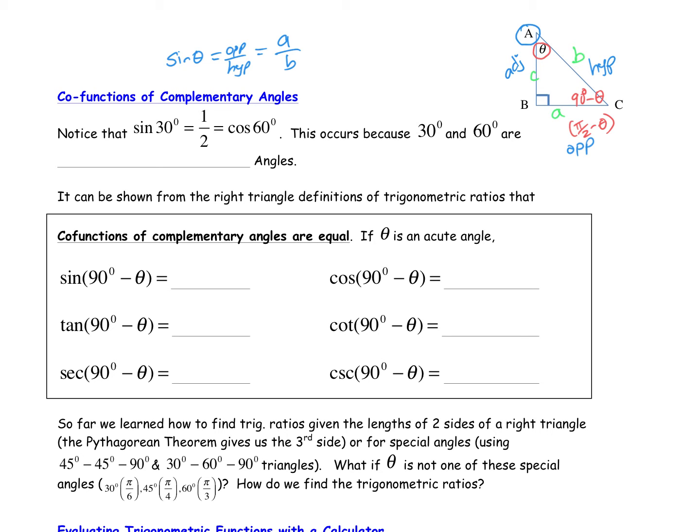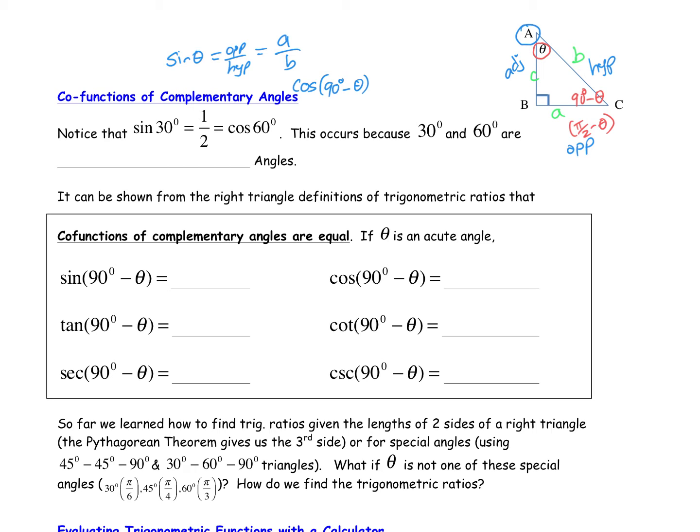Now we're going to take a look at cosine of 90 degrees minus theta. So 90 degrees minus theta, remember, is this other angle. That's angle C. So relative to angle C, I'm going to label the side lengths as well, and I'll do that in red.